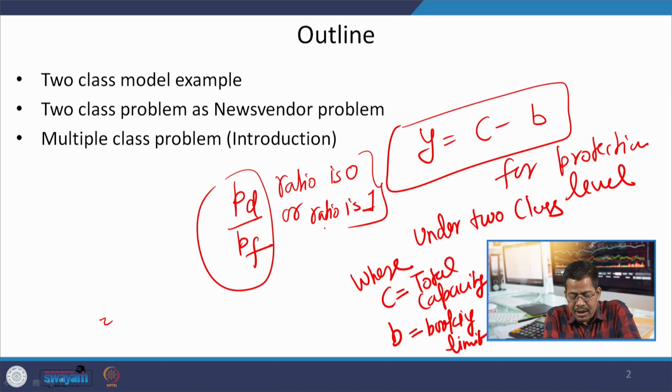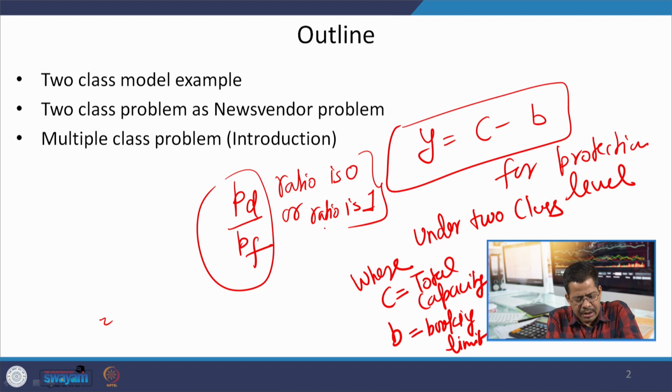If PD equals 0, then theoretically the entire system is given the full fare seats, and if PD equals PF, then the entire system is given only the discounted fare seats. When there is only one class, it is meaningless to say whether it is discounted fare or full fare, it is only one fare.